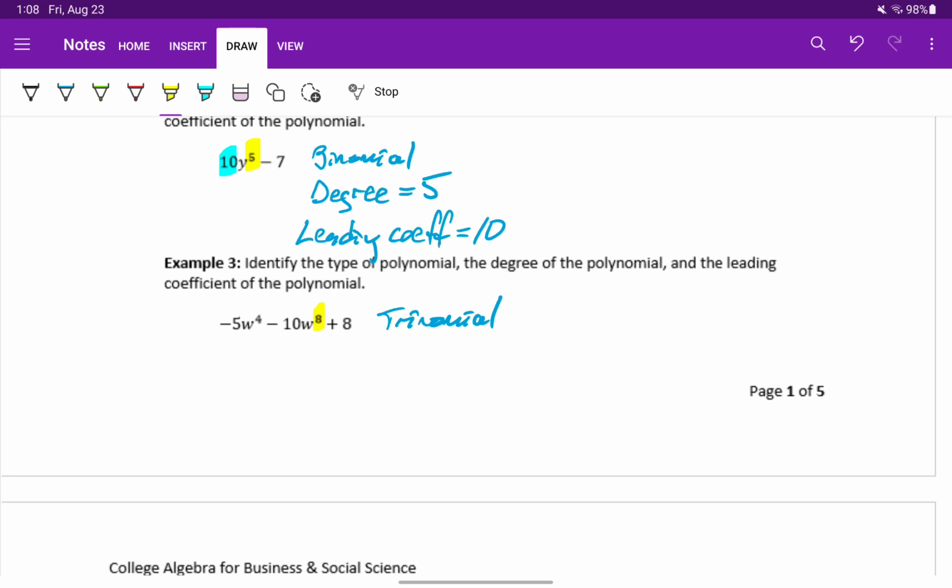We need to be careful with problems like this because in the previous examples we've had those exponents occurring in descending order. The largest exponent has always been the first term, but in this case, the variable being raised to the highest power is in the second term. So we'll have a degree of 8.